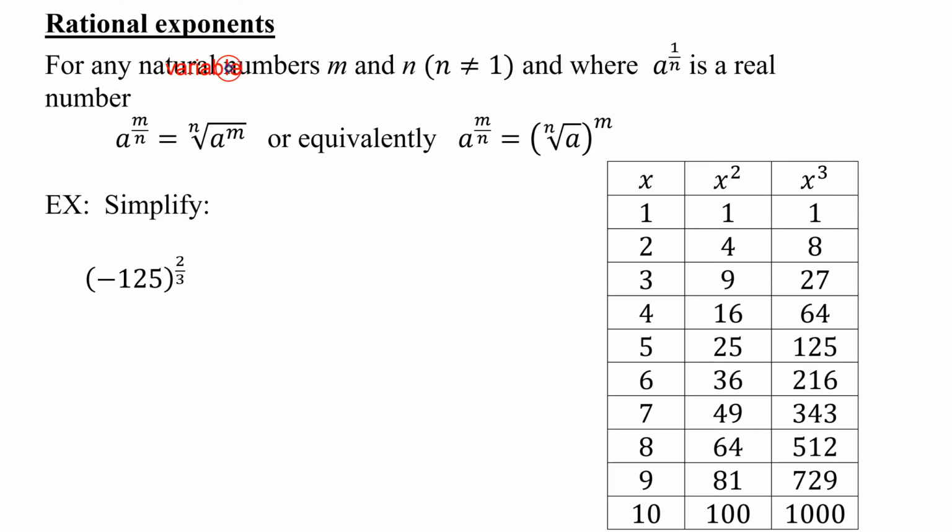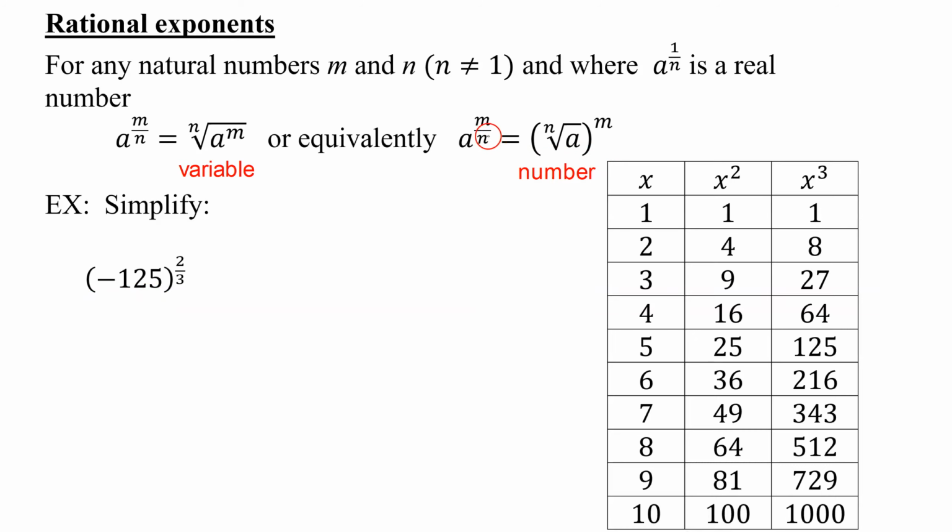If I have a variable, I'm going to use the first expression because it's more compact and efficient. But if I have a number, I'm going to use the second expression because it makes evaluating the answer a whole lot easier. Since my base is a number in this example, I'm going to use this method here.